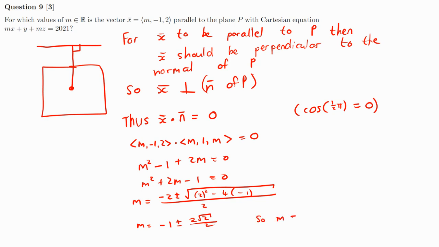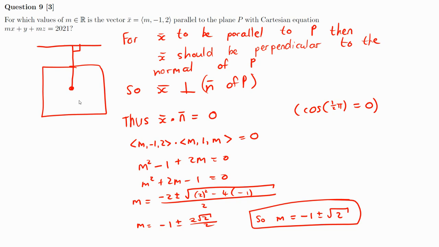So m should be equal to minus 1 plus or minus square root of 2. And that is exactly the right answer. Okay, so if our m is minus 1 minus square root 2 or minus 1 plus square root 2, then this will be parallel to this sheet of paper.